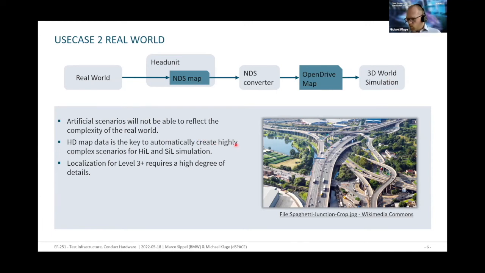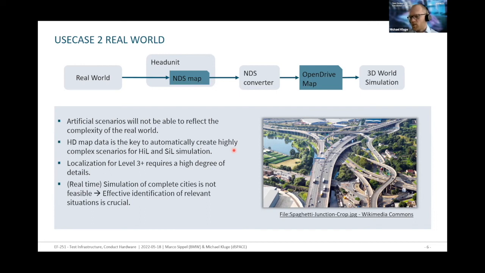So that's one major benefit that we would have with this use case, but we also need this level of detail in the OpenDrive map. The next point when talking about this use case is that map data can be quite huge amounts of data, and that's why it's really important to identify or find the relevant situations in this complex environment.